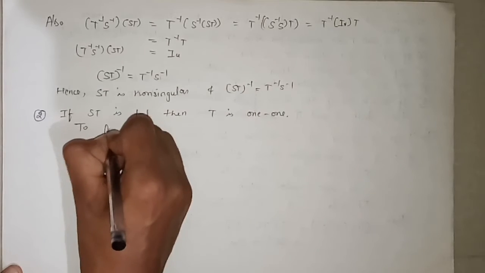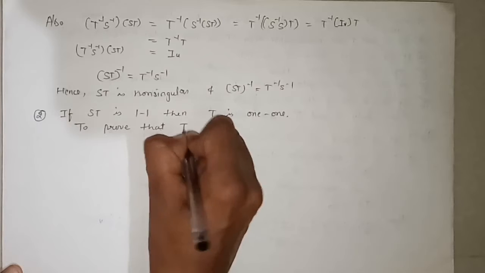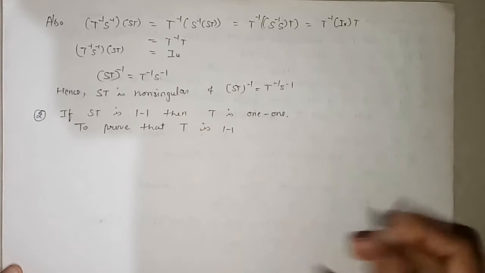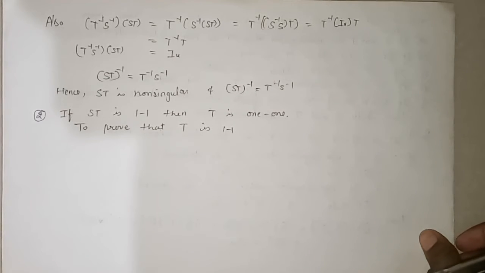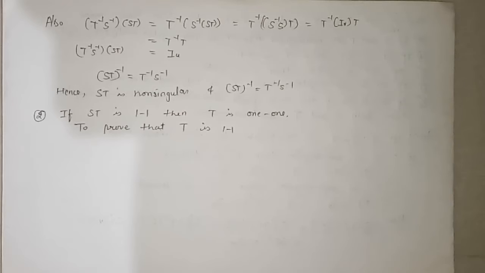Now to prove that T is 1-1, here you can easily remember that this is a case where we use the concept of nullity, that the kernel of T contains only the 0 element. So that concept we will use here.